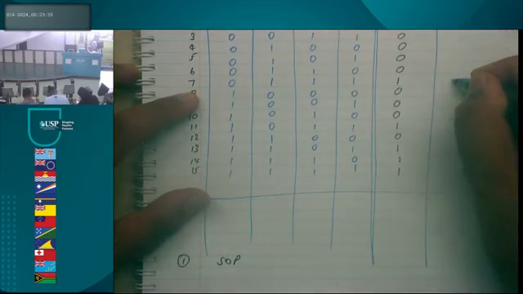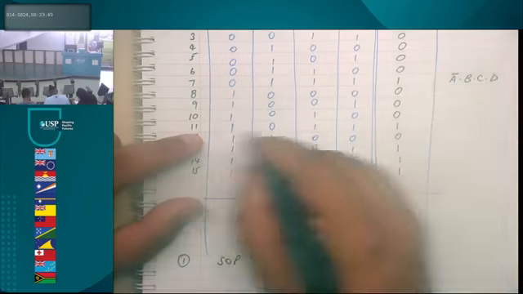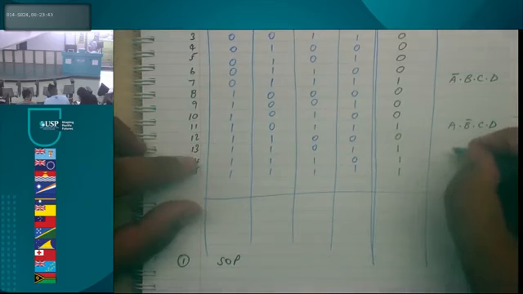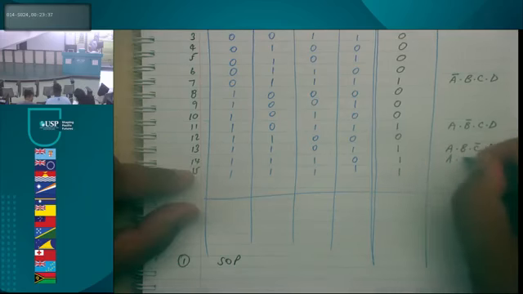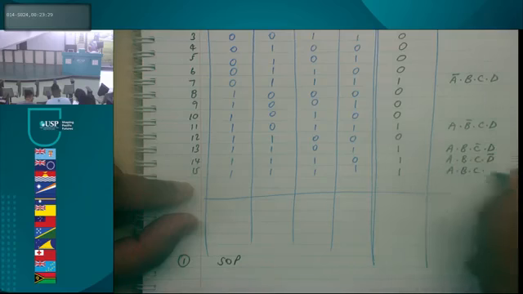Line 7, what will that be written as? There'll be A bar and B and C and D. What about this line here? A and B bar and C and D. There'll be A and B and C bar and D. This will be A and B and C and D bar. And this will be A and B and C and D.